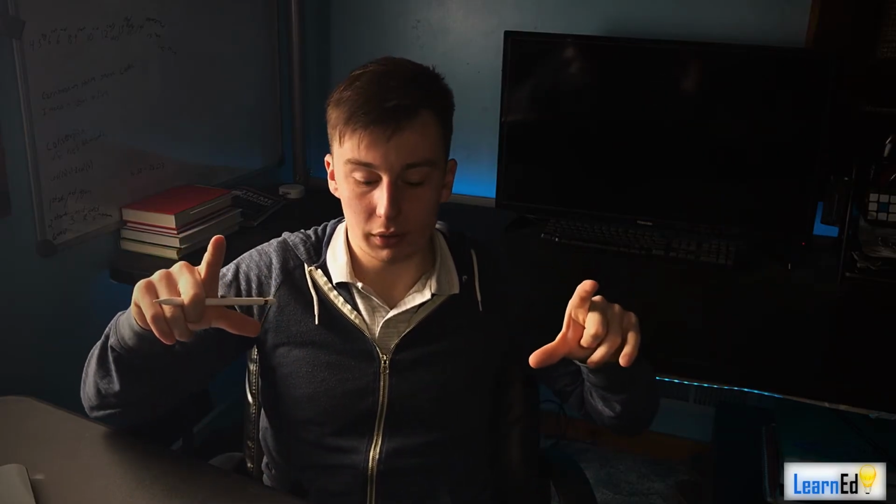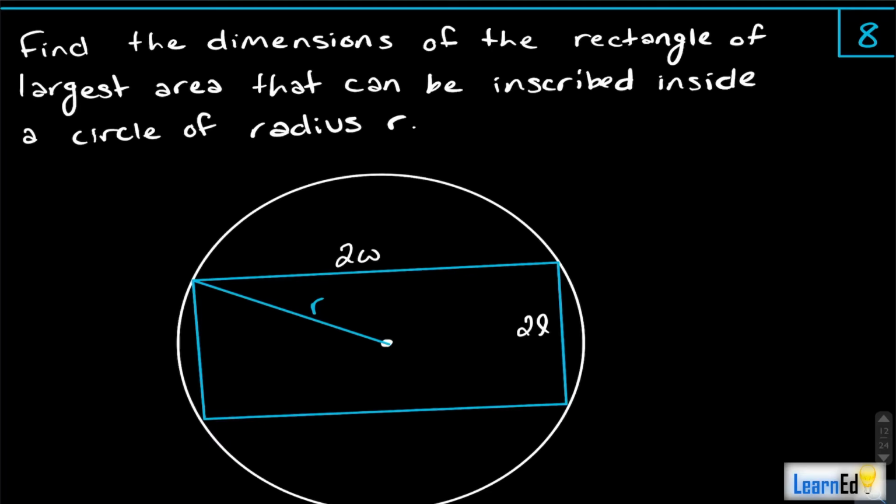It's in this circle, touching the circle at all four corners. I think the drawing of this is pretty hard in and of itself, because you have to realize that at one of the points where the rectangle touches, you can just draw a line to it and call that your radius of the circle. That's how you can relate the circle and the rectangle together.